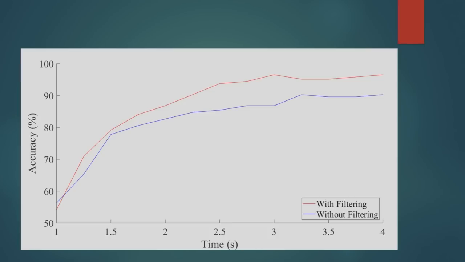That's a time versus accuracy graph, where the accuracy gradually improves with time, and at 2.5 seconds you can observe it surpasses 90% accuracy, and beyond 2.5 seconds there's not a significant improvement in accuracy. So the optimal window for analyzing EEG data was 2.5 seconds.